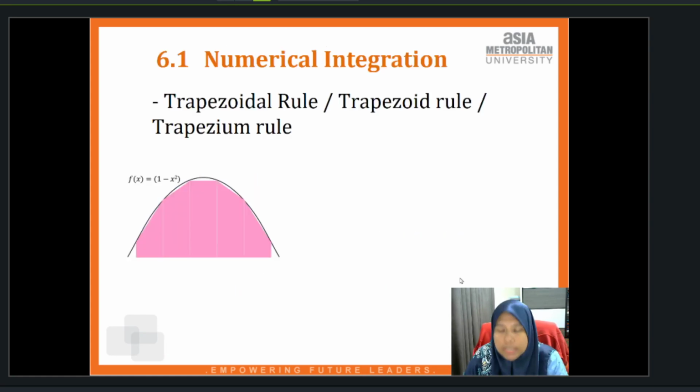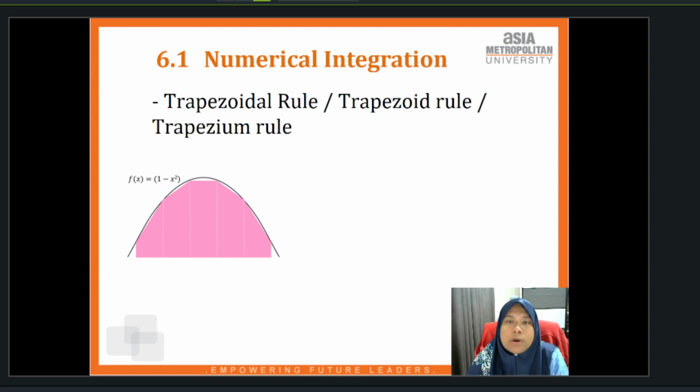Alright, so let's go for the first method, which is trapezoidal rule, trapezoid rule or trapezium rule. So we know that if we integrate a graph, we are going to get the area under the graph, right?